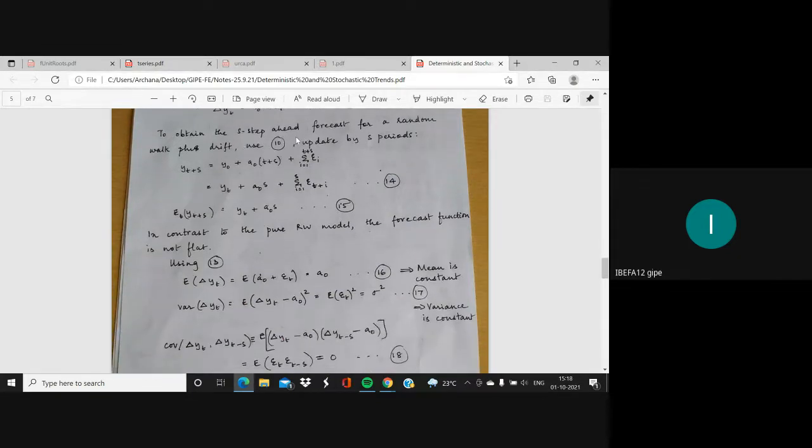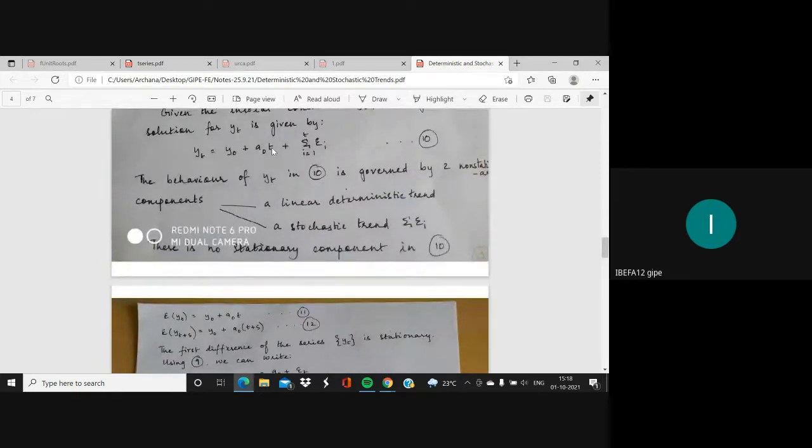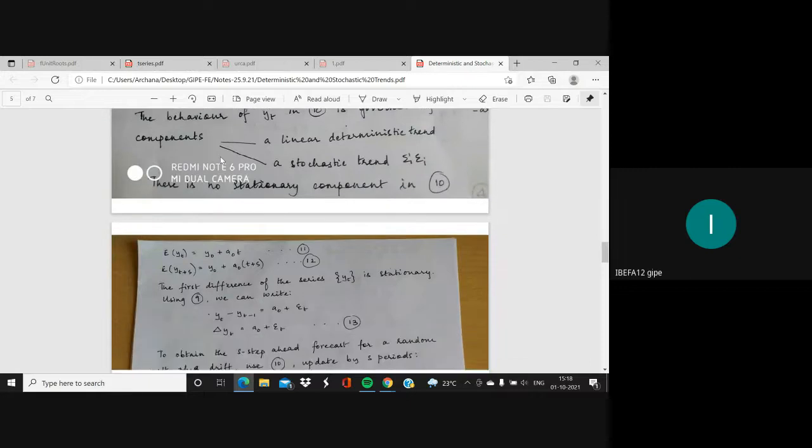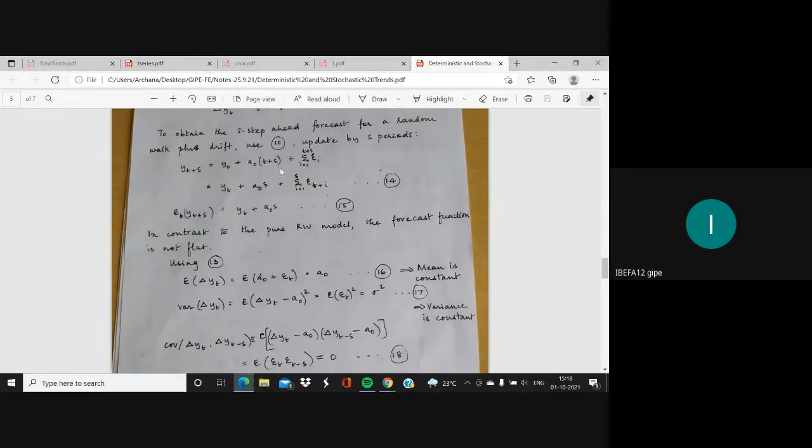Now to obtain the S step ahead forecast for a random walk plus drift, use equation 10 and update by S periods. If you take equation 10, update it by S periods, you will be able to forecast the value of yt plus S. So here again, you will have S additional A naught terms and S additional error terms.